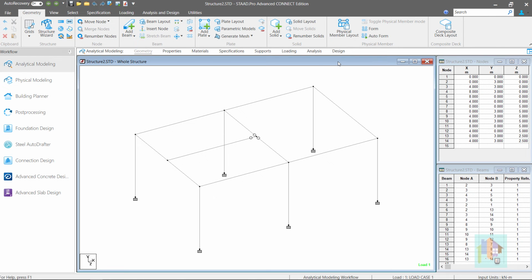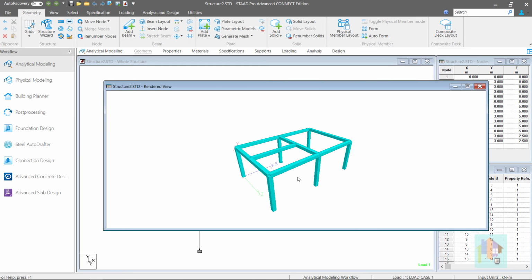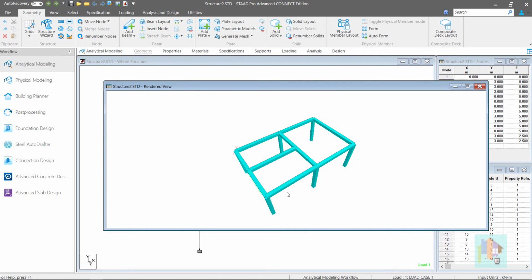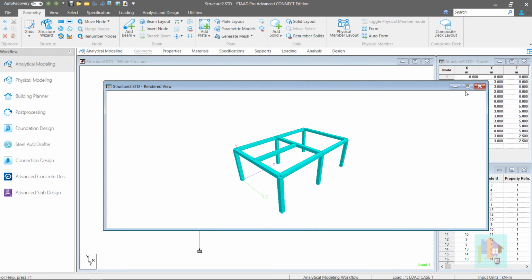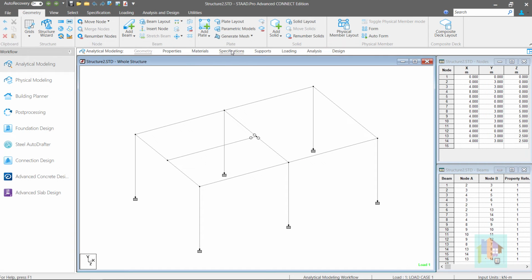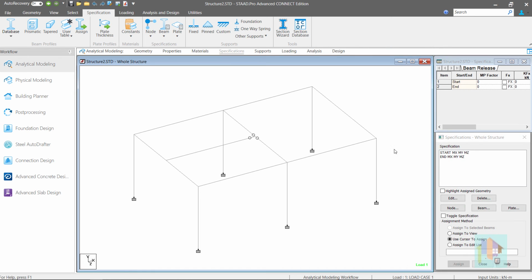Let's check another model. This is a simple frame model. This type of frame is common in any building structure, whether concrete or steel. In this model, no member is declared as a truss member, but a member release specification is assigned to all the members connected at a common node. Analyze the model.